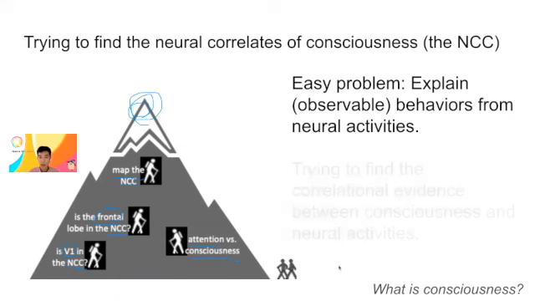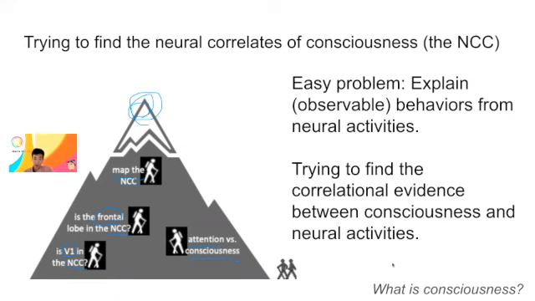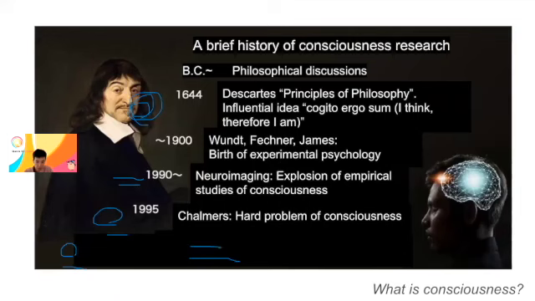And then eventually find correlational evidence between consciousness and neural activities. That's the approach. However, and this is based on the excitement of the explosion of empirical studies of consciousness in the 90s.